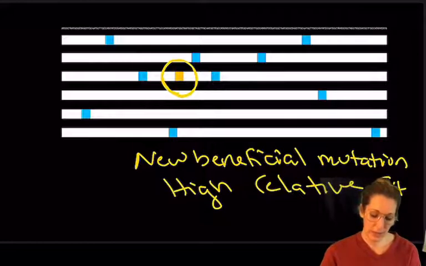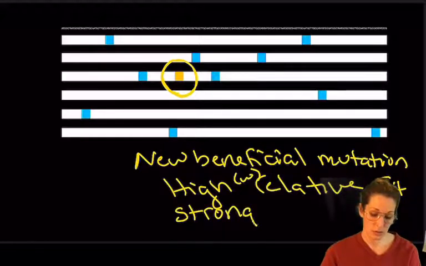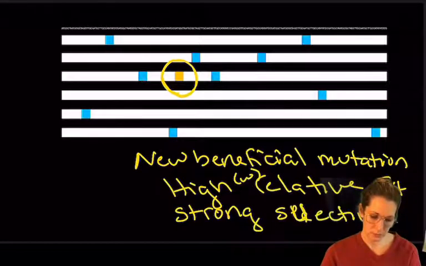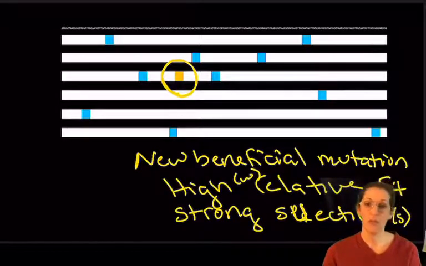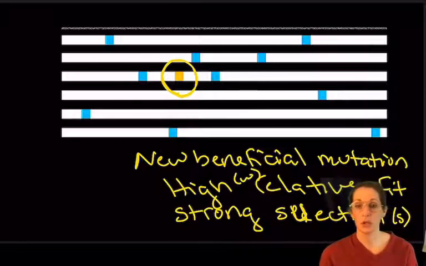If it has a high relative fitness, that's our W, that means that there's strong selection. Strong selection would be our S, our selection coefficient. So we have a large selection coefficient in this case.